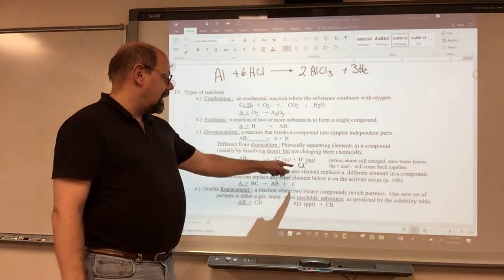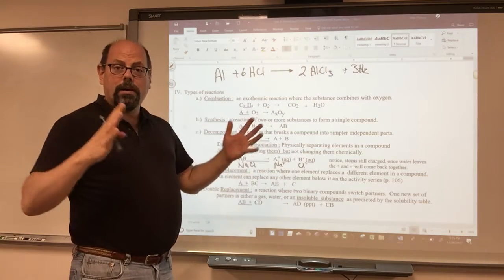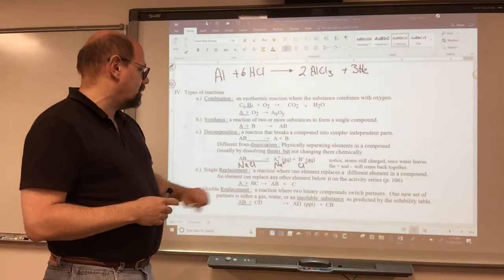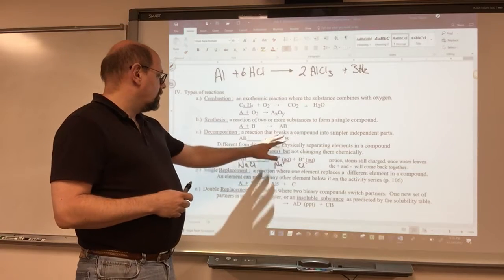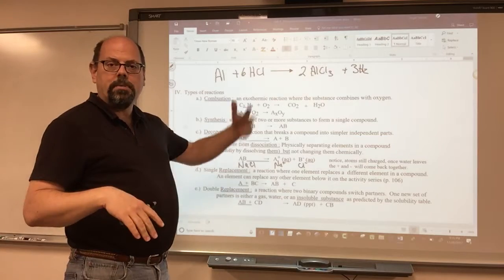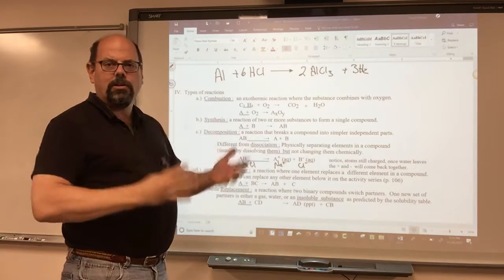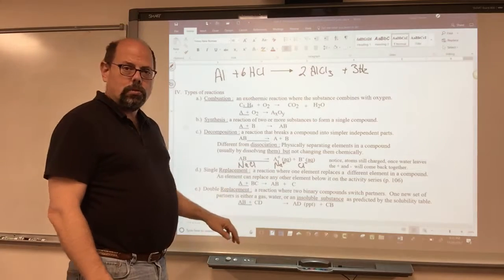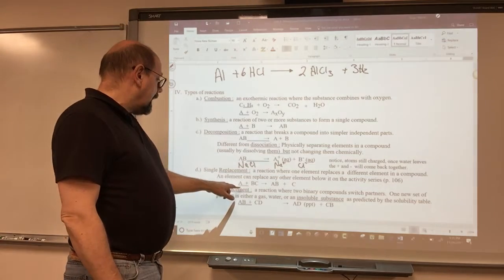But the difference is that these are still in the water. If you take that water out, those will still come back together. You'll grow that salt back together. They haven't chemically changed. So I do want to mention that these will become fundamentally different. Like usually one comes off as a gas or they become solid. You'll be able to see they physically look different than what they started from. But anyways, when one thing falls apart into 2, that's called decomposition.